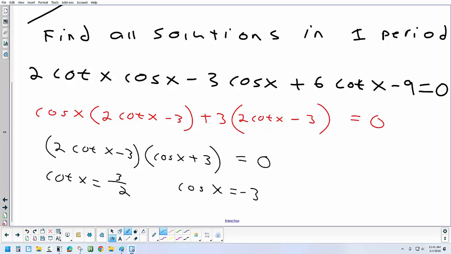Yeah, the cosine of x never hits negative 3. You have to take the inverse cosine of each side, and you're trying to find the inverse cosine of negative 3. That's outside the domain. So there's no solution from that factor.